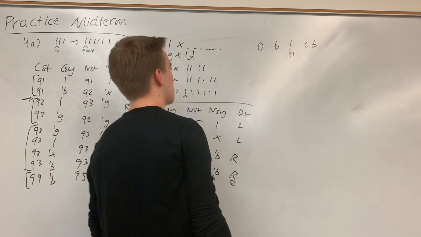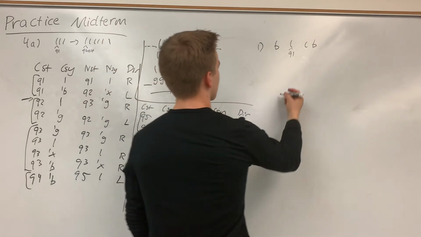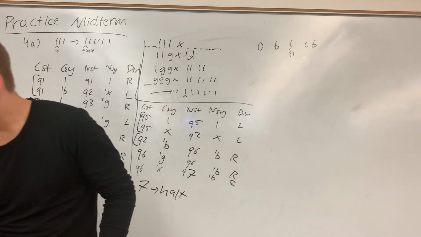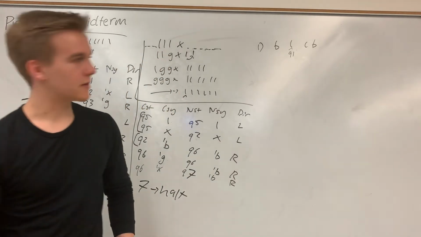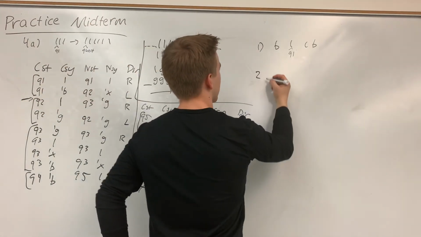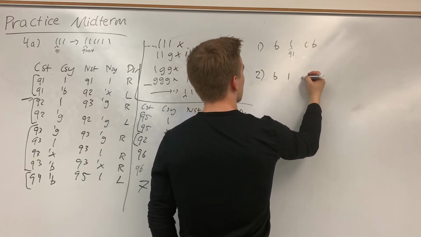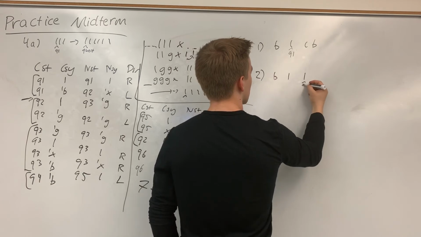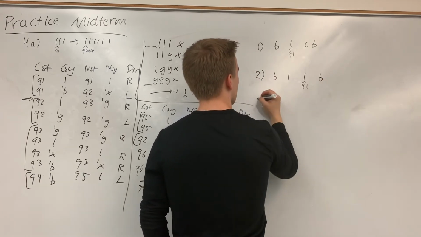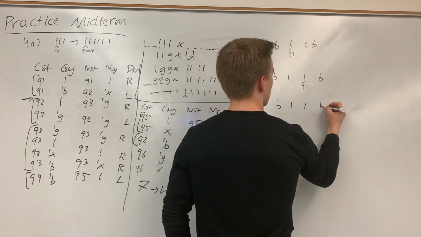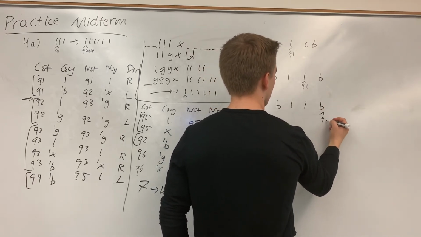Q1. So I'm just going to run through what I did over here. It wants me to do the next 6 configurations, is that right? Next 6 configurations. So mine is going to go to the right, leave this one alone for now. Then it's going to leave that one alone, move over here.